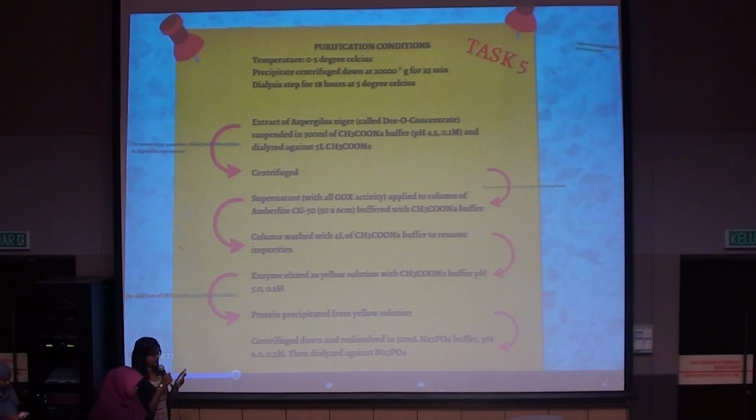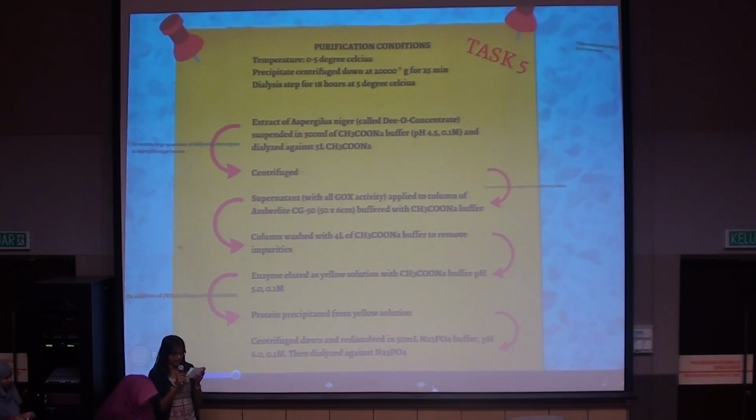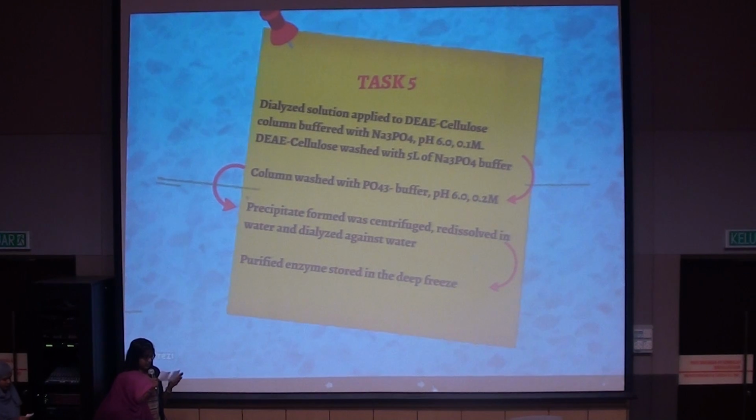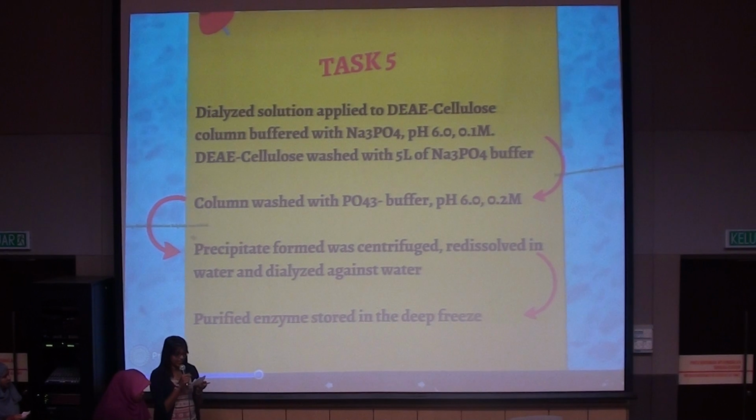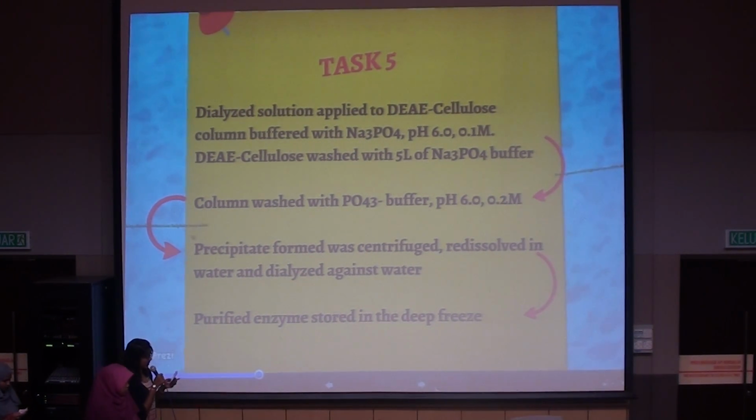In sodium acetate buffer, ammonium sulfate is added to 90% saturation until the protein precipitates. After it has been centrifuged, the precipitate is redissolved in sodium phosphate buffer and dialyzed against sodium phosphate buffer. Then it is applied on a DEAE-cellulose column buffered with sodium phosphate buffer.